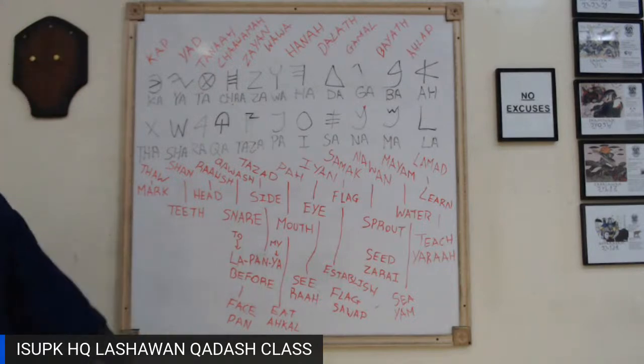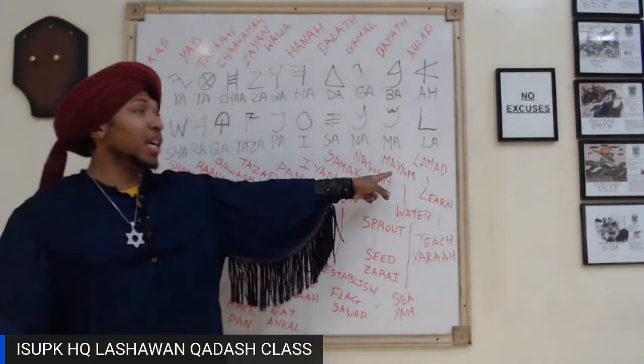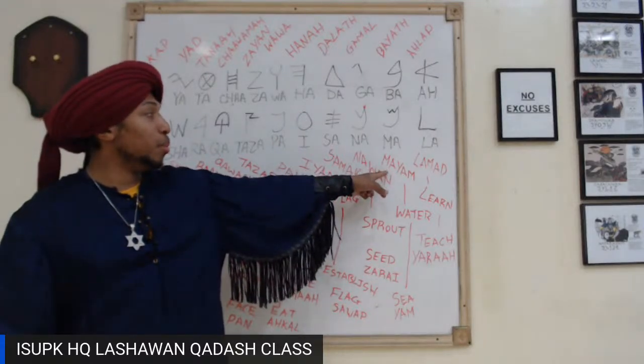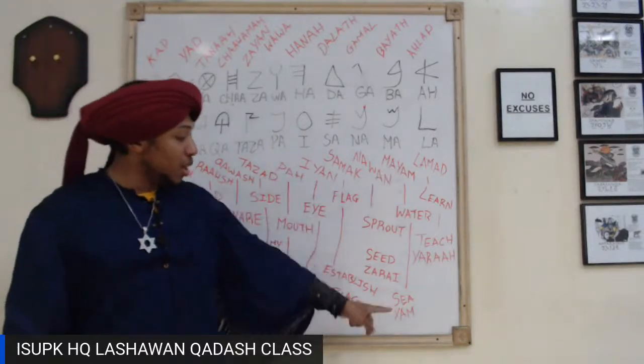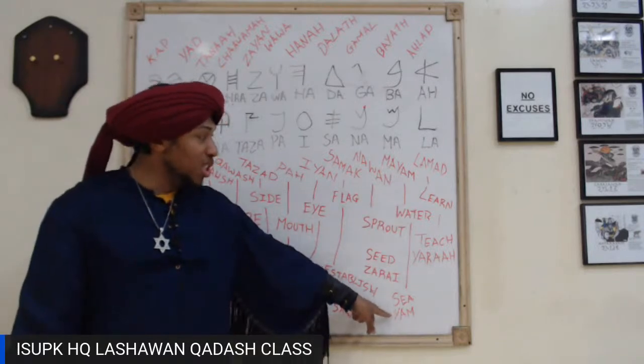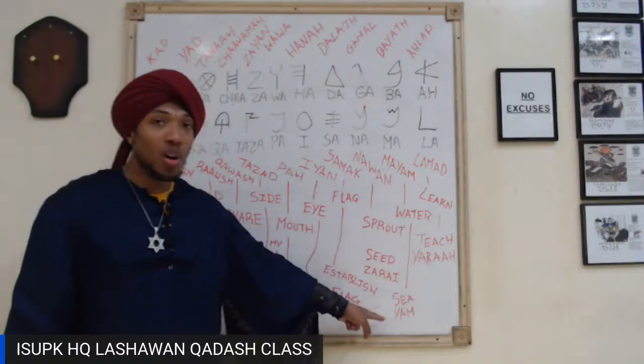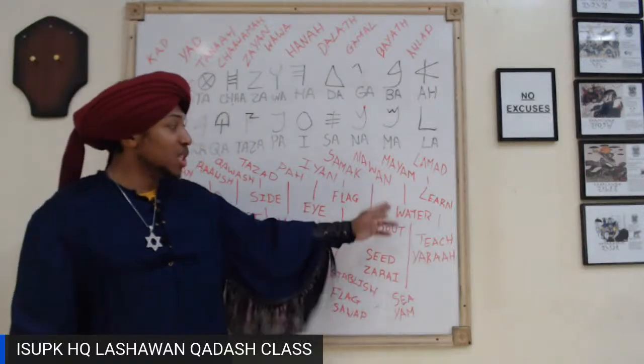You see, mayim is a compound word because you got the preposition ma with the yam. Yam is the sea, ma is of or from, and ma-yam, of the sea, is now water.